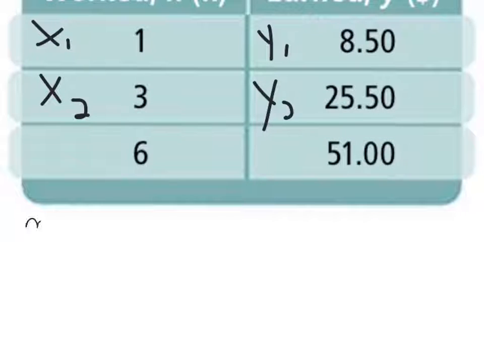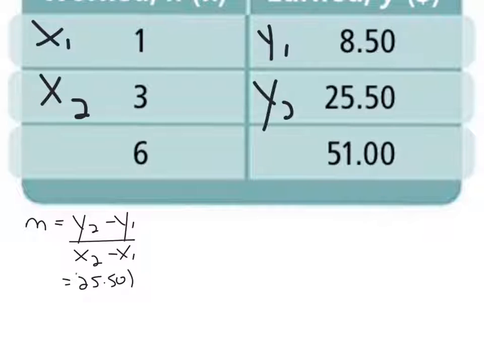We're going to say m is equal to y2 minus y1 over x2 minus x1, or y2, 2550, minus y1, 850, over x2, 3, minus x1, 1.